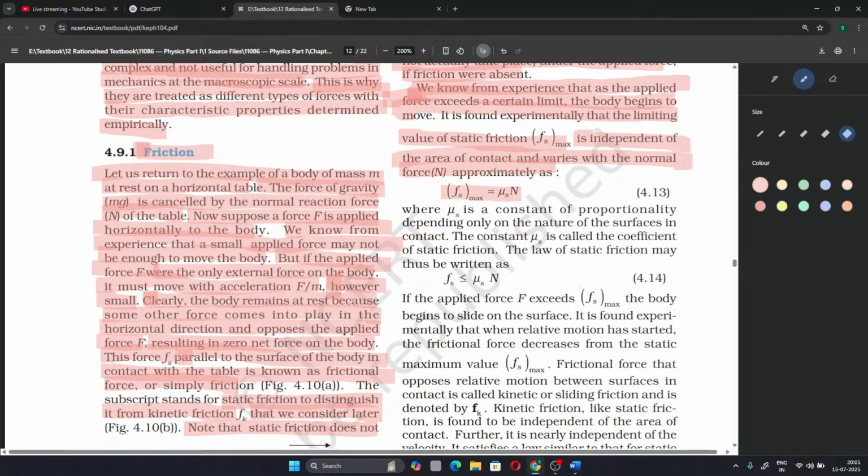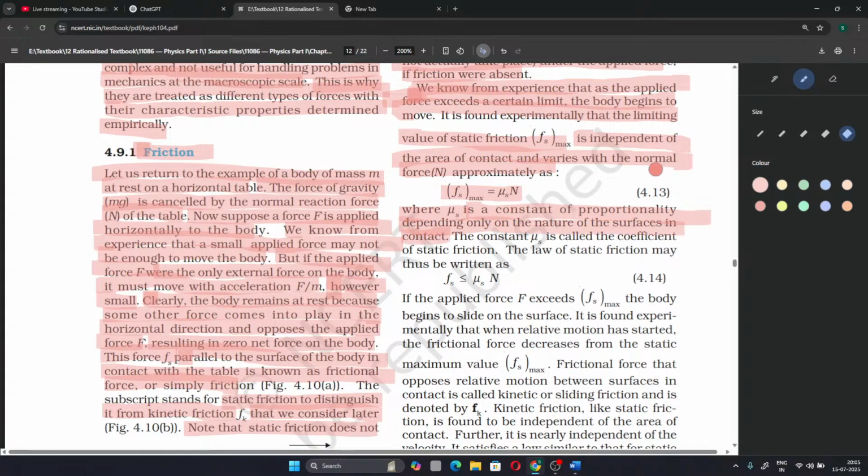So it is better to say normal force here, where Fs maximum is the maximum frictional force that is possible, which doesn't depend on area and varies only with normal force. It is equal to the product of mu s times the normal force, where mu s is the constant of proportionality depending only on the nature of surfaces in contact.